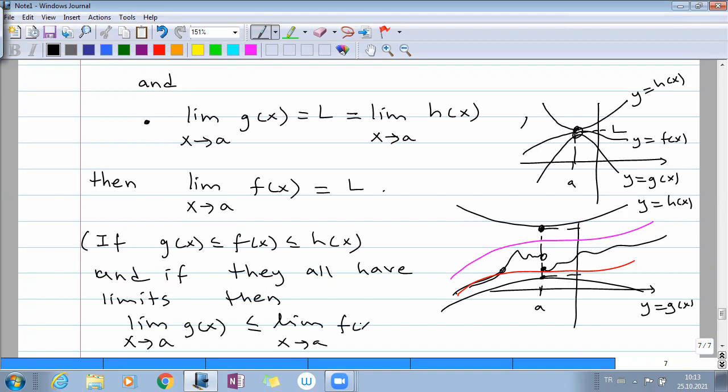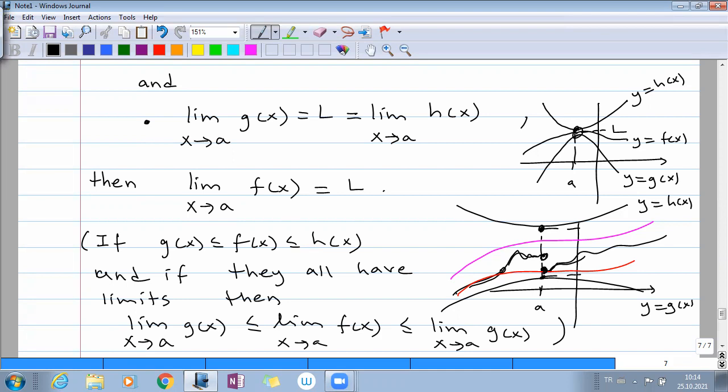It has to be, if the limit exists, it has to be between the limits of g and h. But the limit may not exist. If limits exist, then limits sandwich this, between these values, if it exists. If it may not exist, like in this picture, anything can happen here. The limit of f may not exist.